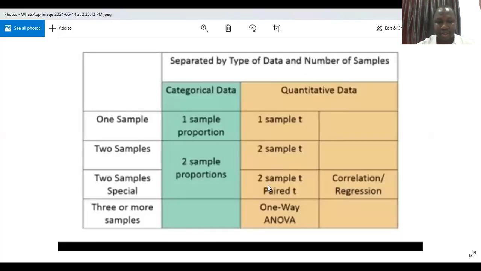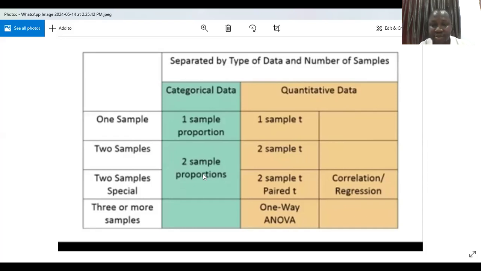Let's look at this. As we round up, I want us to look at this table very well. You can see one sample, two samples, two samples special, three samples, one sample proportion, two samples proportion.